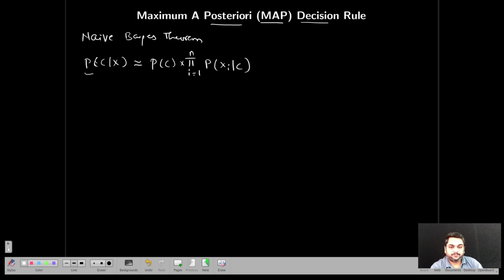This we call the posterior probability. This term is nothing but your prior probability, and this we call the likelihood probability.